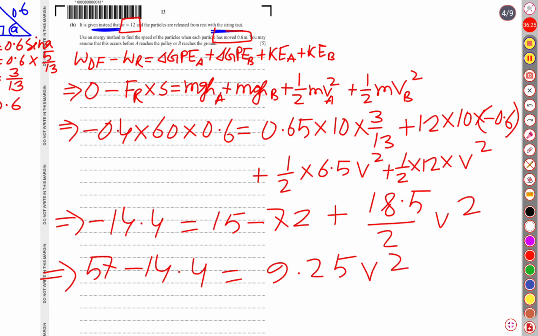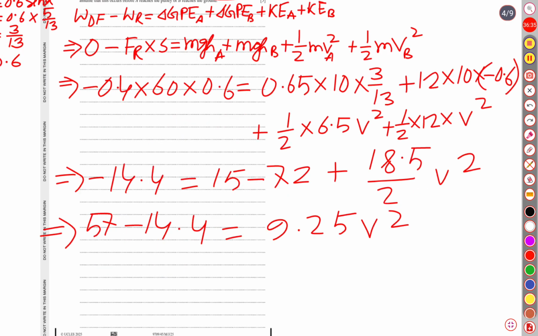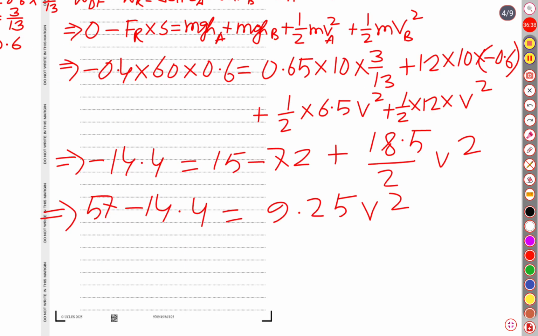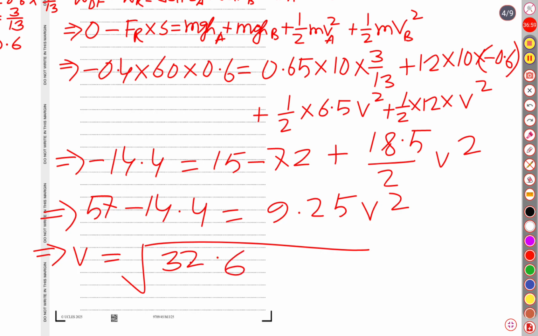So finally our v is going to be, v is equal to, from 57 if we subtract 14.4, it is going to be 32.6.